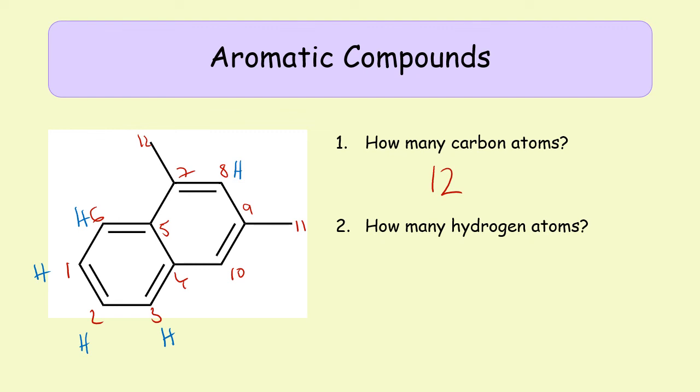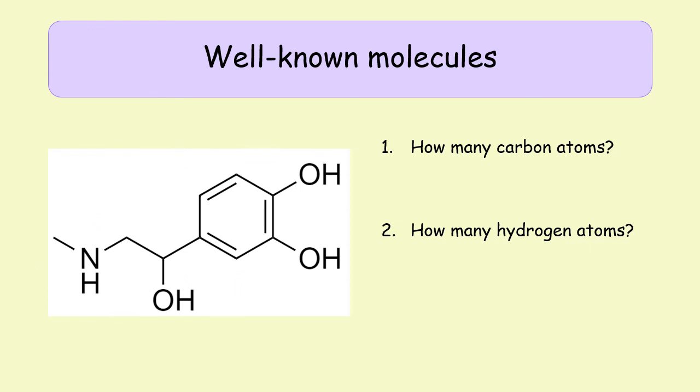Carbon number 9, 4 bonds, no hydrogens. Carbon number 10, 3 bonds, 1 hydrogen. And then carbon number 11 and 12 have 1 bond, so it is 3 hydrogens each. So that gives us 3, 4, 7, 8, 9, 10, 11, 12. So 12 hydrogens there.